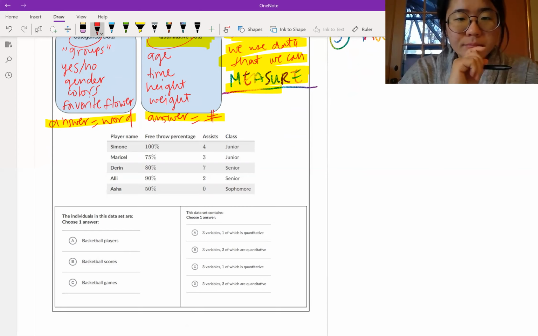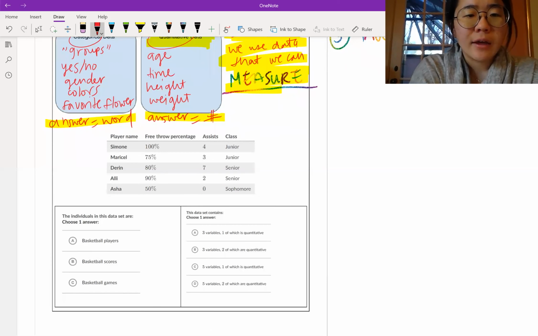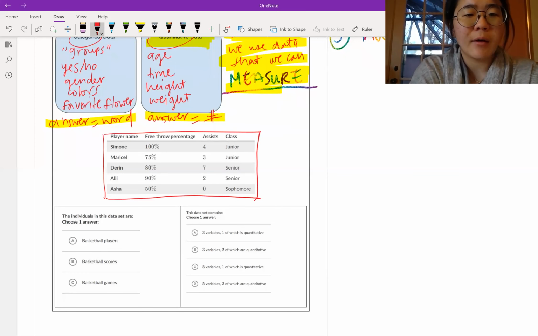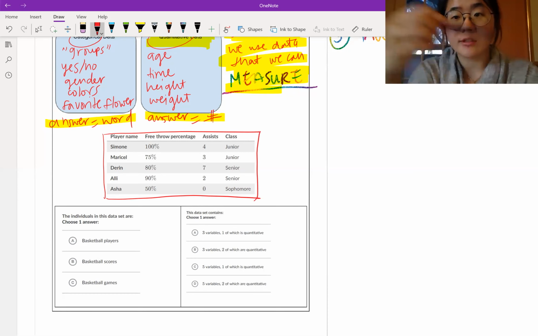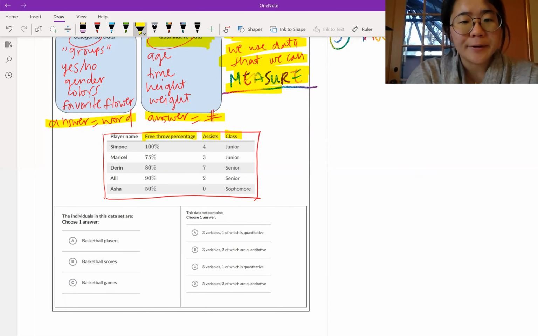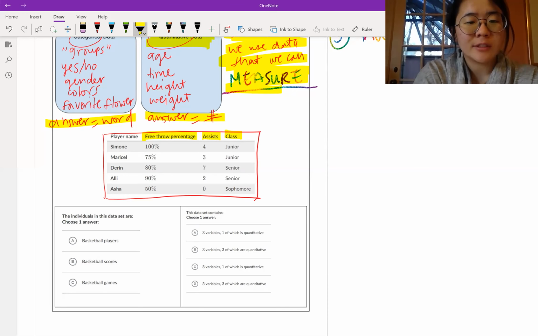Now, this is data on a couple of basketball players, right? And we have the player names, and then we have their free throw percentage, their assists, and what class they are. So these are high school basketball players, right? So I'm going to first ask, what are the individuals in this data set?